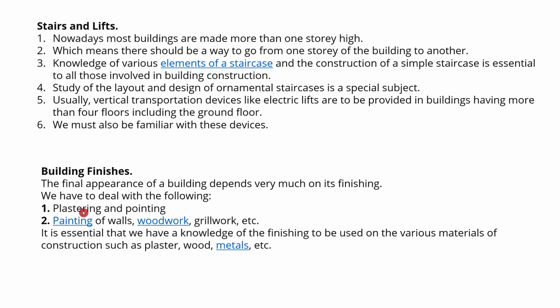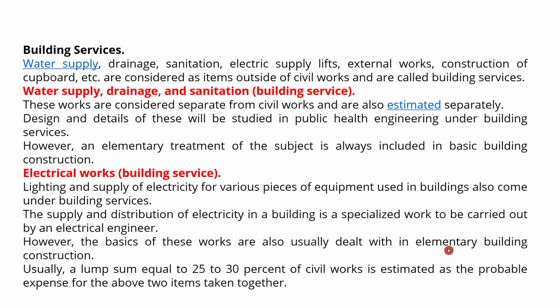So we are pasting the cement mortar on the brick. It's called plastering. And pointing is mainly putting the same cement mortar between the bricks. Then we have the painting of walls, woodwork, etc. as the building finishes. It is essential that we have knowledge of the finishing to be used on these various materials for the construction of plaster, wood, and metals, etc.